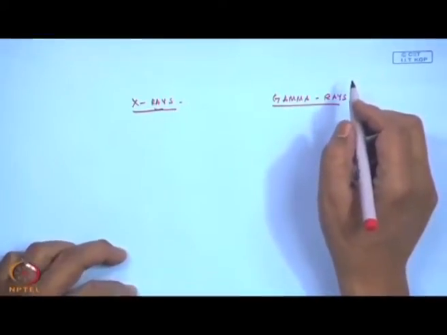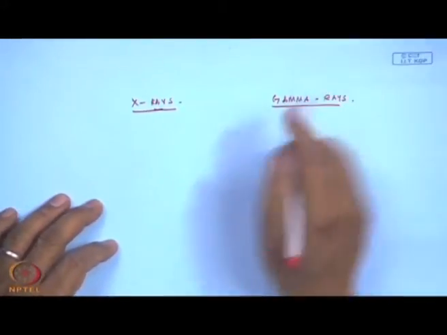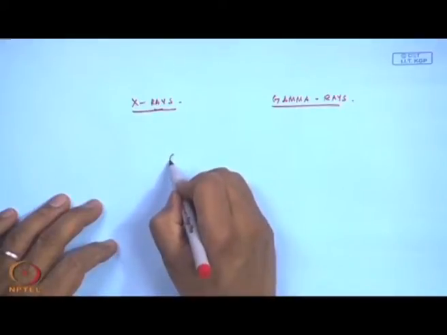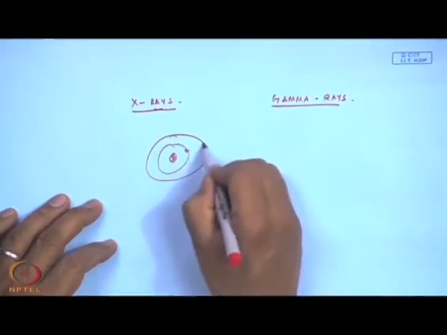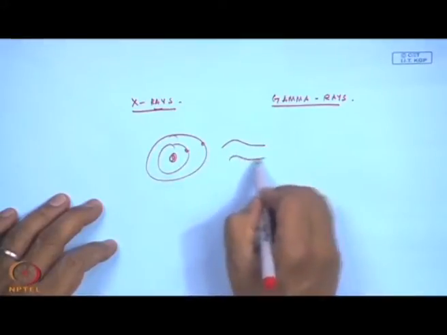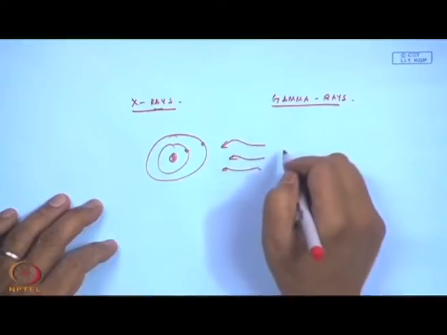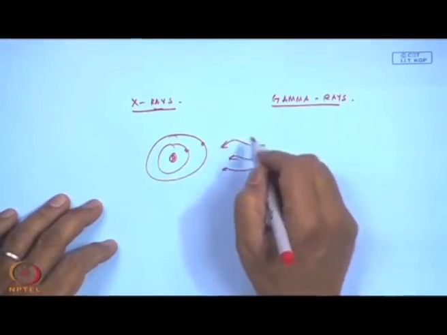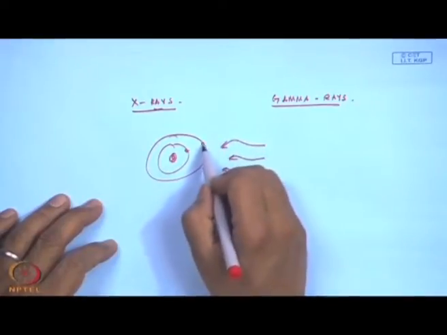The way X-rays are produced is, suppose an atom is there, and there are electrons in the outer shells, and energy is applied to these atoms through an electrical field.